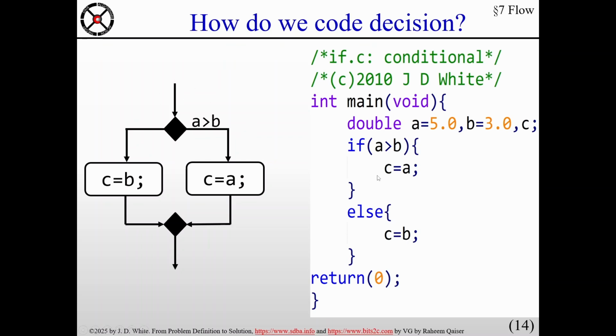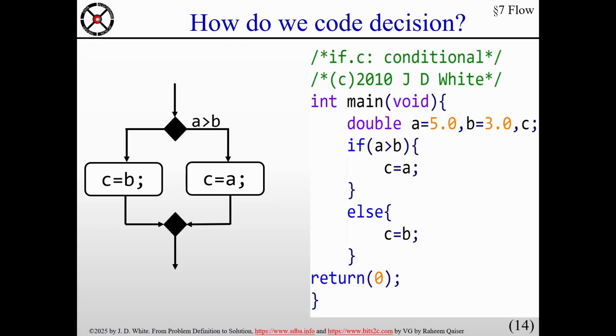Curly brackets, C equals A, semicolon, curly brackets, else, curly brackets, C equals B, semicolon, curly brackets, code is finished. So there's just the if. If you know JavaScript, it looks exactly the same in JavaScript. There's no difference in JavaScript than C, with the curly brackets, with the semicolons, everything exactly the same.